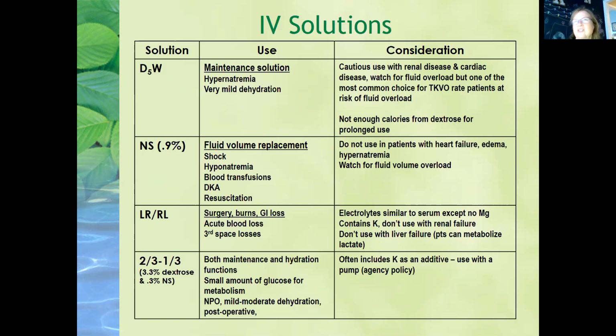Now, the consideration to keep in mind when you're using Ringers is that it has electrolytes in it, and that's why it's important for surgery. It has electrolytes in it, and they're similar to our serum, except there's no magnesium. And because it contains potassium, the patients that we're going to really watch in giving that would be renal patients, right? They can't tolerate any extra potassium.